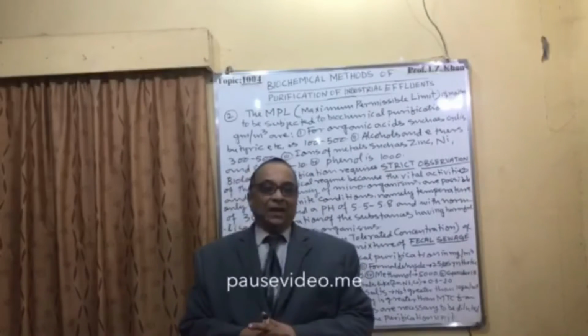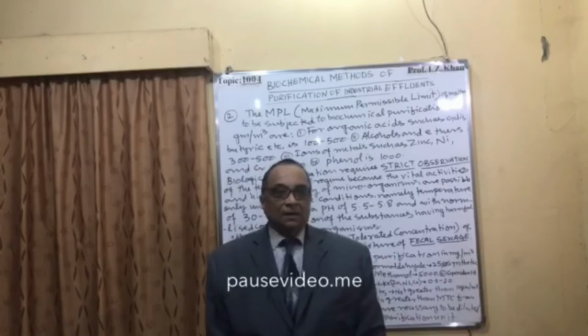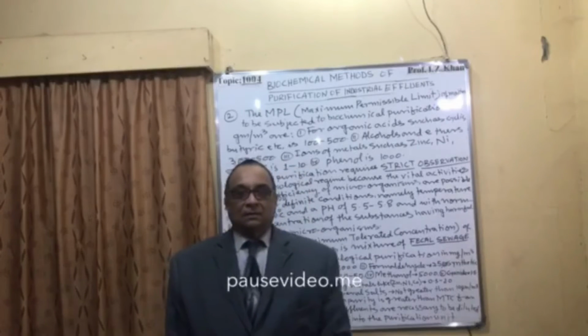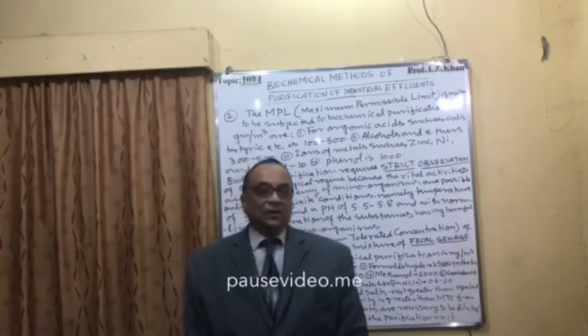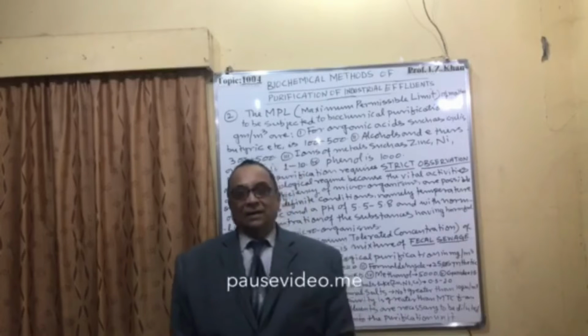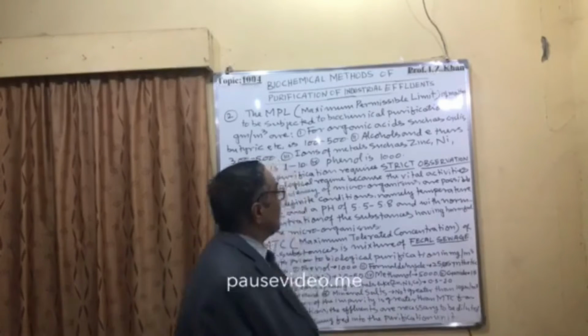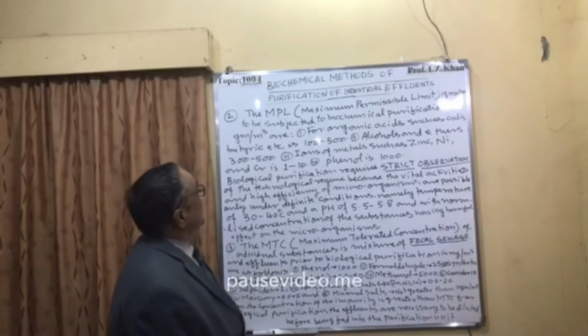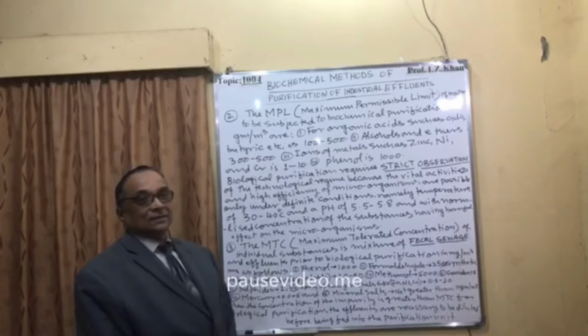So in the process of purification of the effluents by a biological process, two factors are very important, that is MPL and MTC. And here I have discussed this. Number 2 is the MPL. MPL means maximum permissible limit.